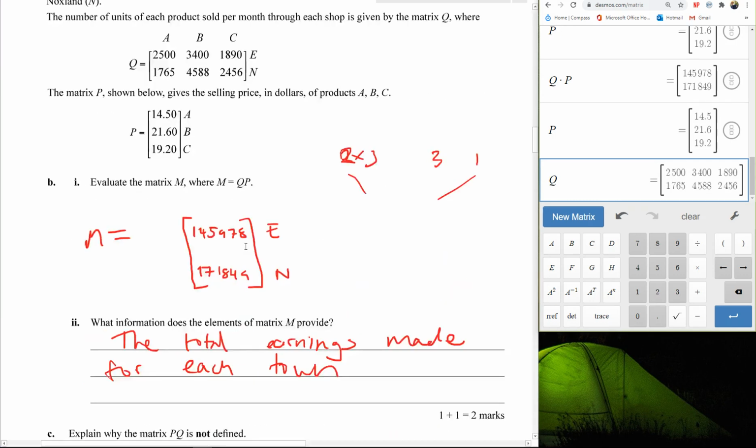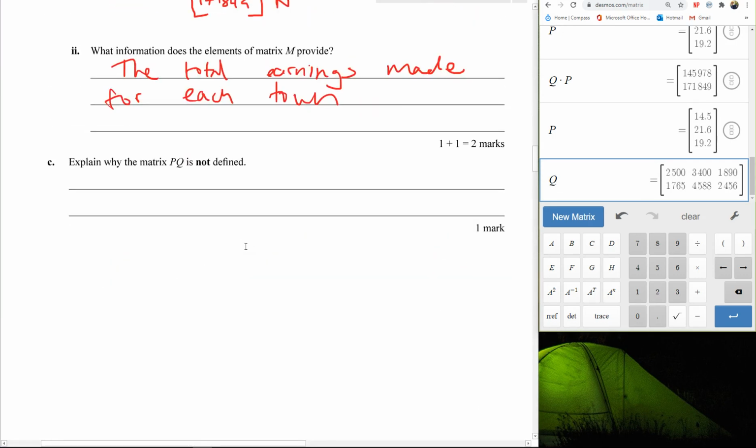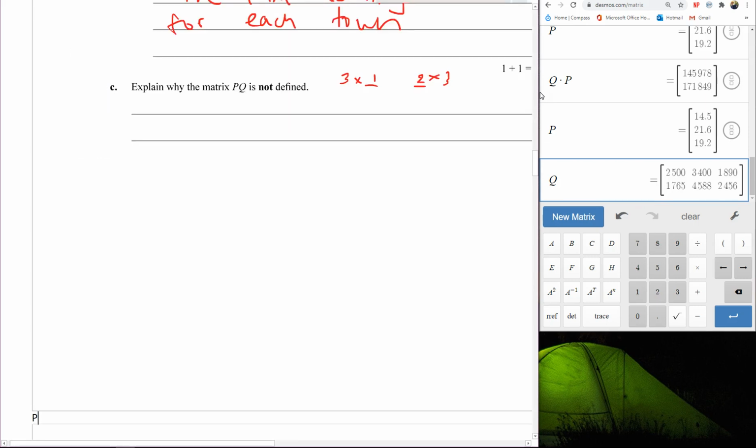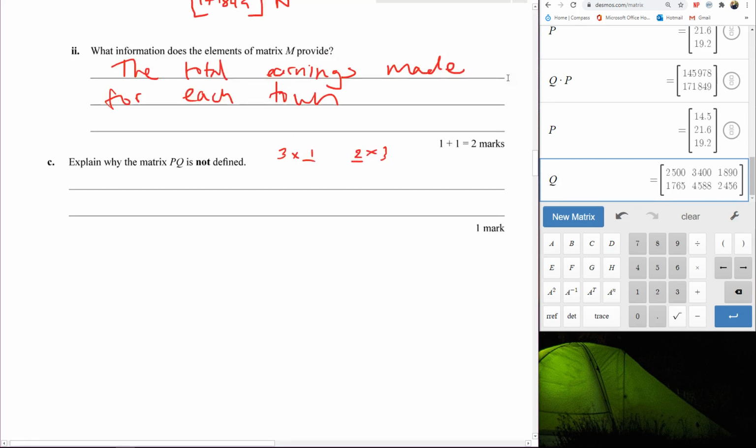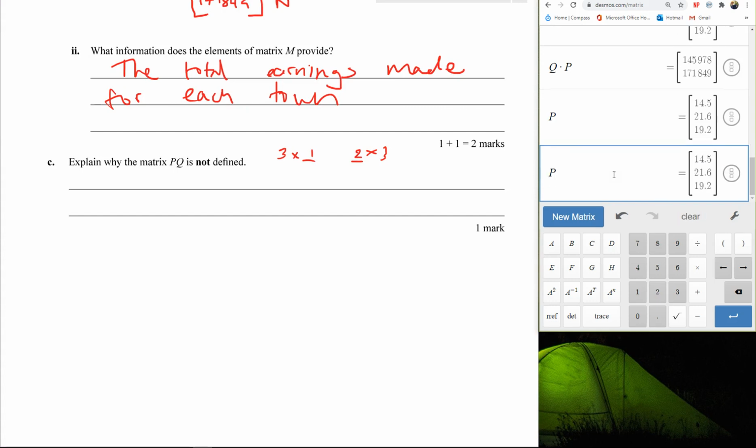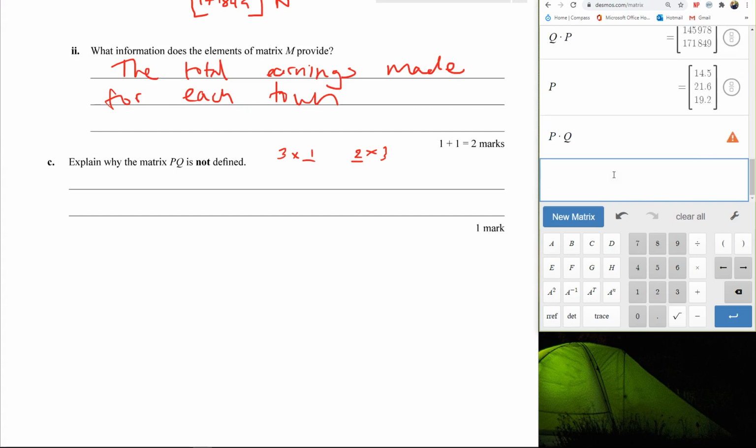So thinking about order, matrix P is a 3 by 1, and matrix Q is a 2 by 3. Notice how the middle numbers are not the same, which means they can't be multiplied together, yeah? So P times Q is impossible to do, not defined.